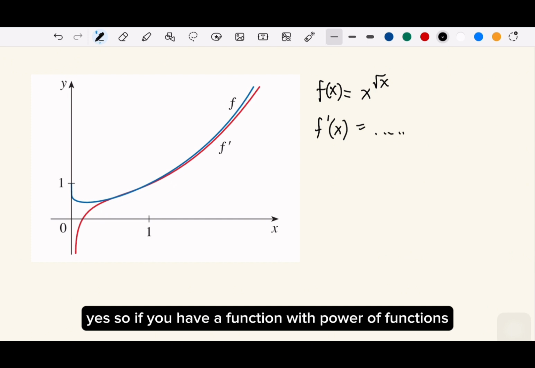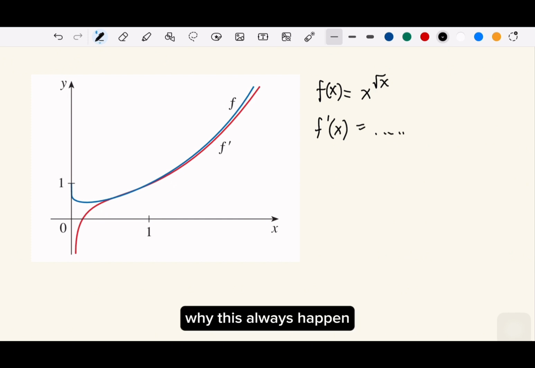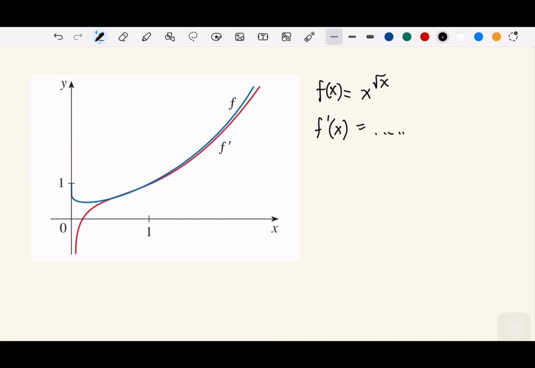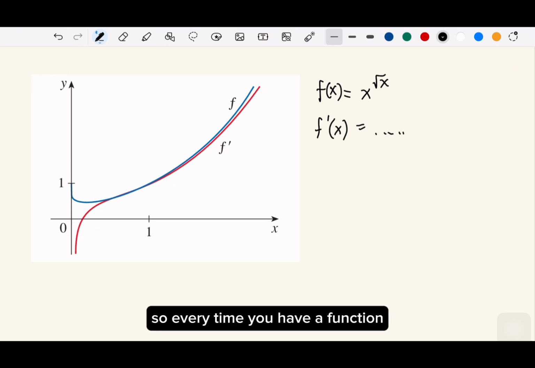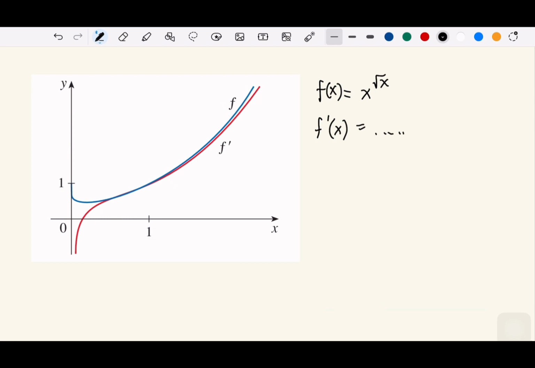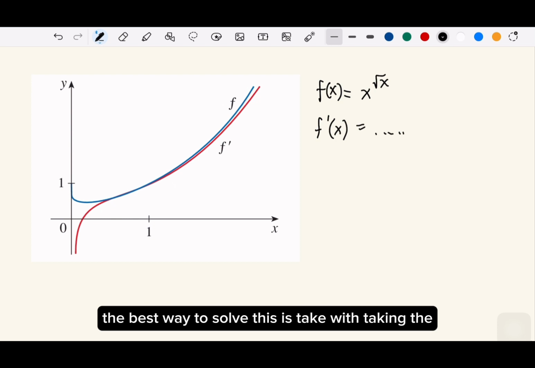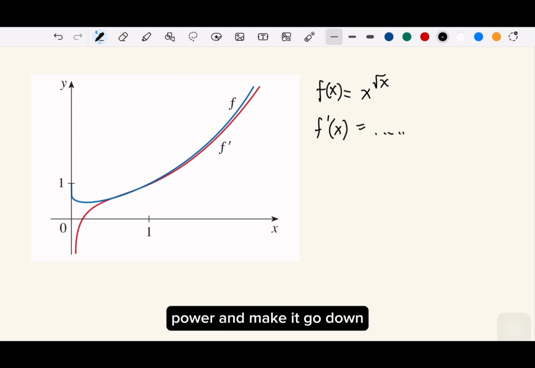If you have a function with a power of functions, every time you have a function raised to another function, the best way to solve this is taking the power and making it come down.